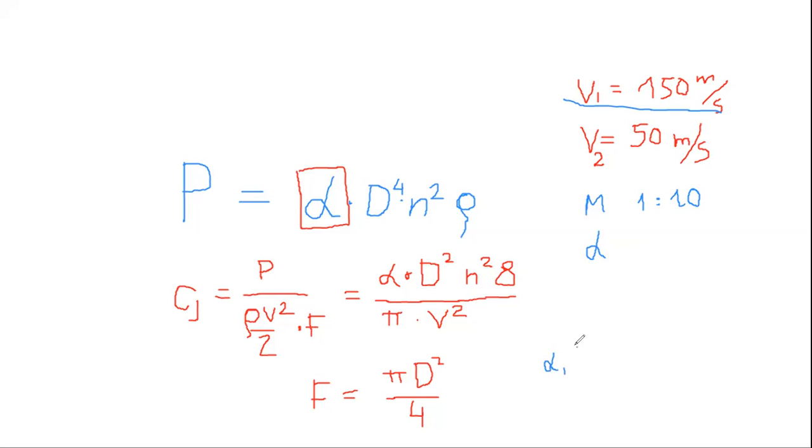Alpha 1, d squared 1, RPM 1, okay. And with subscript 1 also.